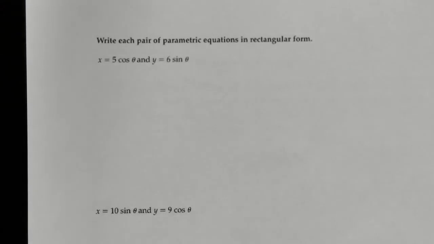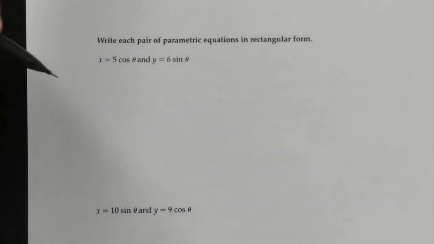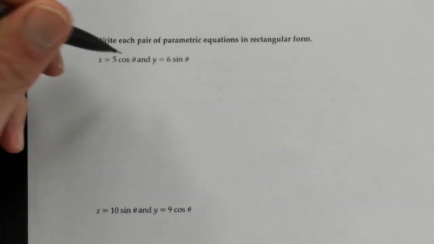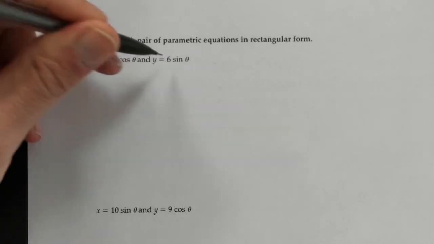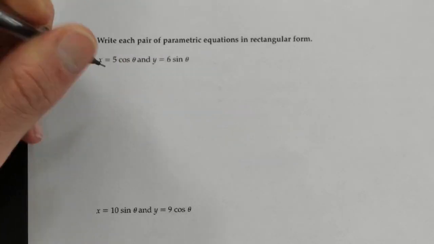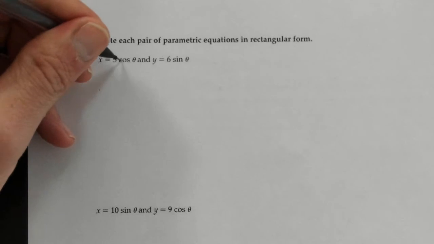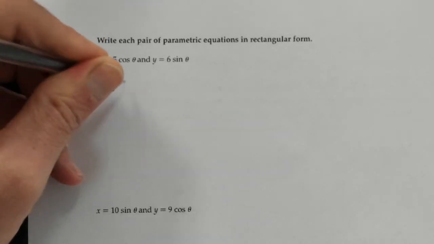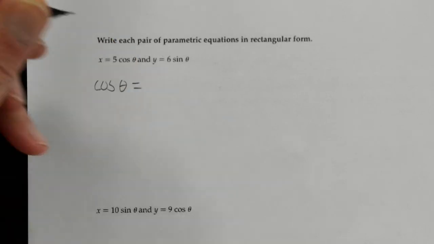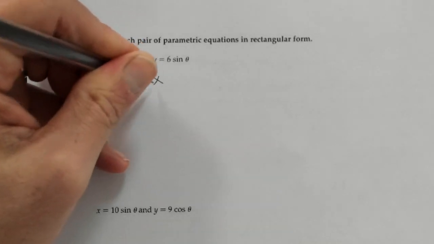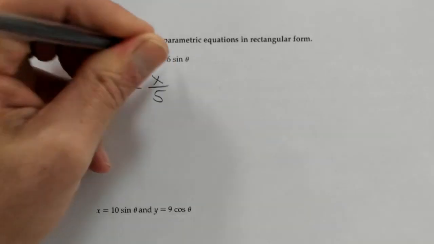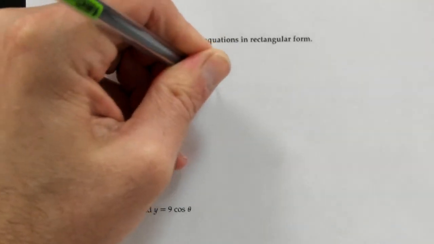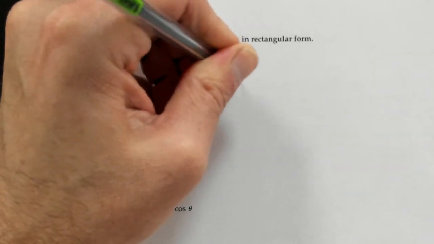All right, a few more problems to practice here. Let's say that we start with this, and we want to write this in rectangular form. Again, the first step is to take each one of these equations and solve for cosine theta and sine theta. Here, if I divide both sides by 5, I'll have cosine theta is equal to x over 5. And if I divide both sides by 6, we'll get sine of theta is equal to y over 6.